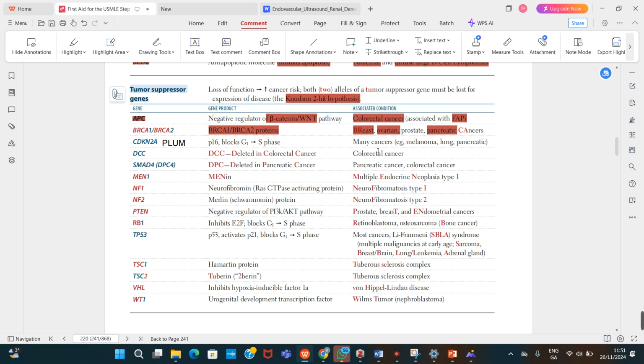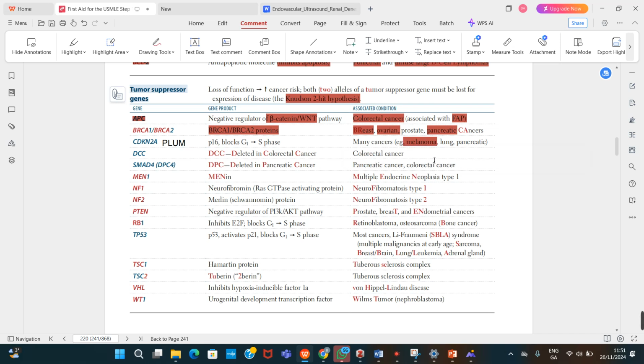The next is the cyclin-dependent kinase inhibitor, the negative regulator of cyclin-dependent kinase, CDKN. CDKN is a tumor suppressor gene. I see CDKN2A as a fruit that we call plum: P standing for pancreas, L standing for lung, and M standing for melanoma. Which other mutation do we say is responsible for melanoma? Anybody remembers?